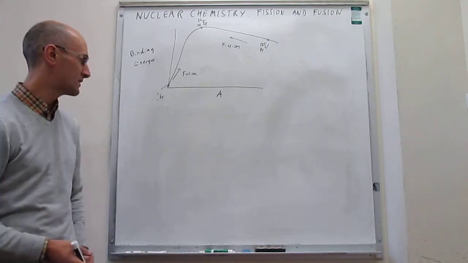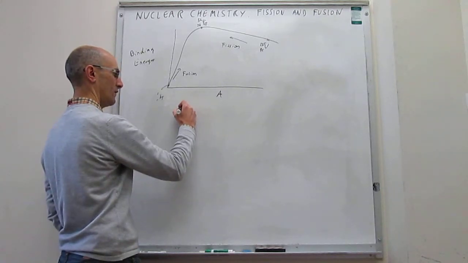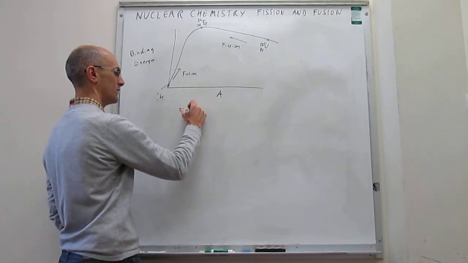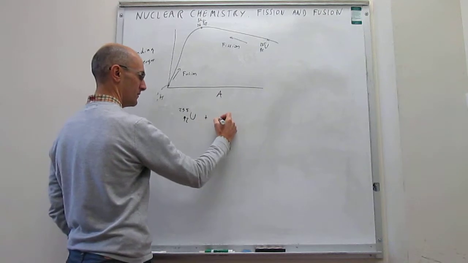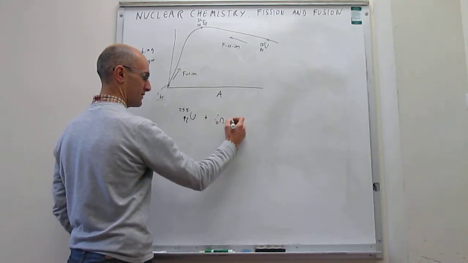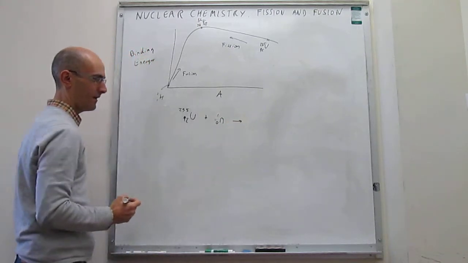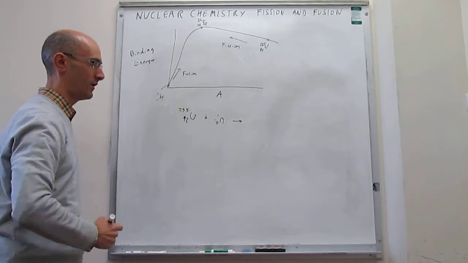One such example would be the reaction of uranium-235, which is a very common fuel in nuclear stations, with a neutron. The neutron has a mass number but no atomic number. And that cracks this uranium atom into smaller nuclei.